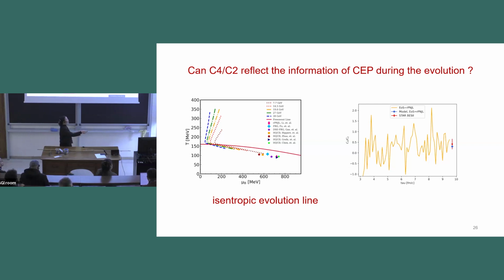Well, this is checked from the code. From the hydro code, you can check the temperature, you can have the temperature and then the chemical potential for the system evolving with time.